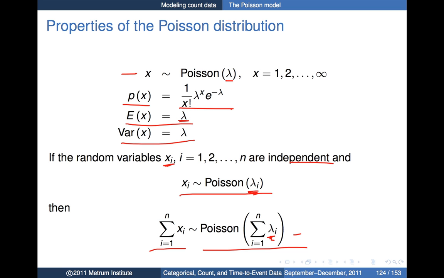Well, if you take that average event count and multiply it by the number of individuals in that treatment arm, that number is nothing more than the sum of the event counts for all of those individuals. And if in fact the individual event counts were Poisson distributed, then that sum would also be Poisson distributed, and that could form the basis of a model that you would use for meta-analysis of that type of data.